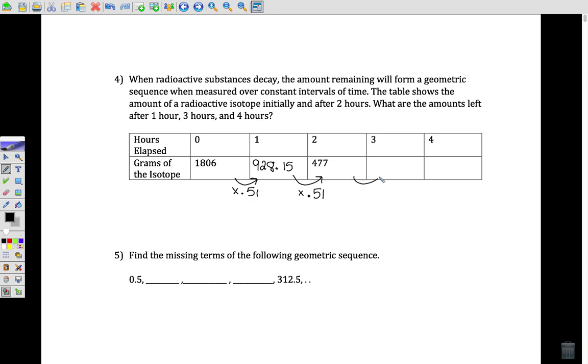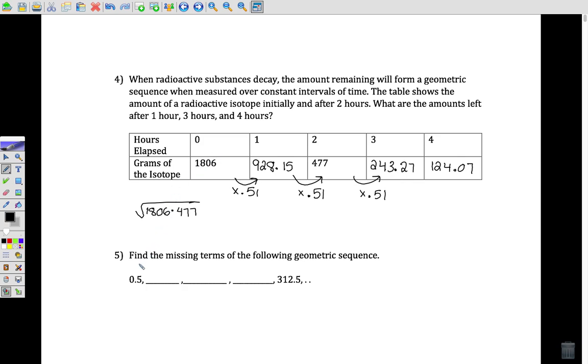But if I'm always multiplying by 0.51, I would get that after 3 hours, it was 243.27. And after 4 hours, there was 124.01 grams left. Again, I found this initial 928.15 by taking the square root of 1806 times 477 to find out the geometric mean between these 2 values.